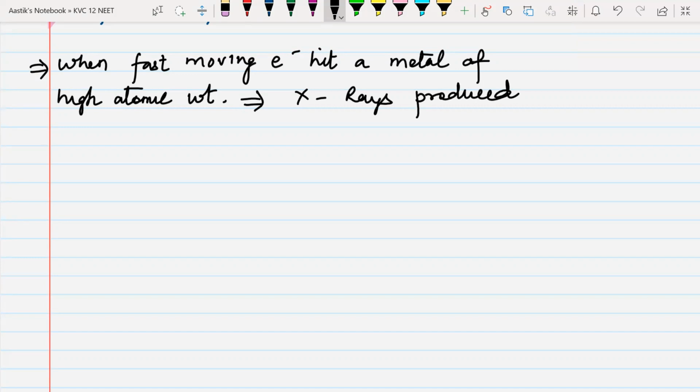Now, having said that, what are the basic requirements, the basic equipment that you must have to produce X-rays? What are the things we should have to produce an X-ray? Tell me.